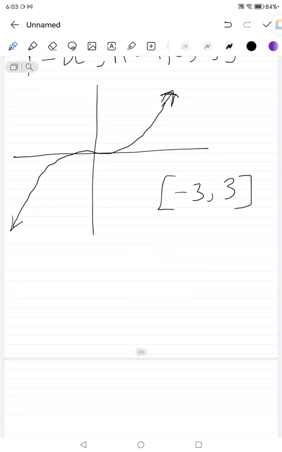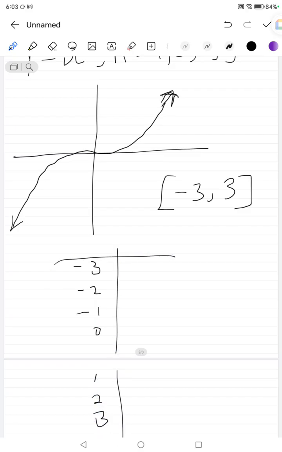Then you're going to have your -3, your -2, your -1, your 0, 1, 2, 3. Then you have your x to the exponent 5. Where you have your x, you input these values, then you get your corresponding y values.